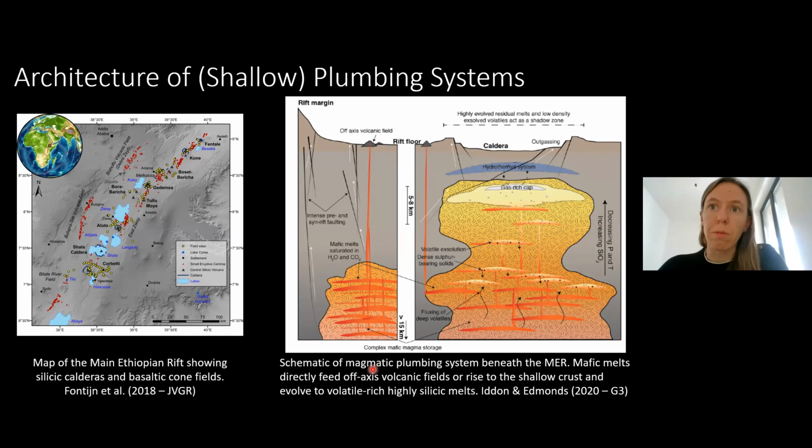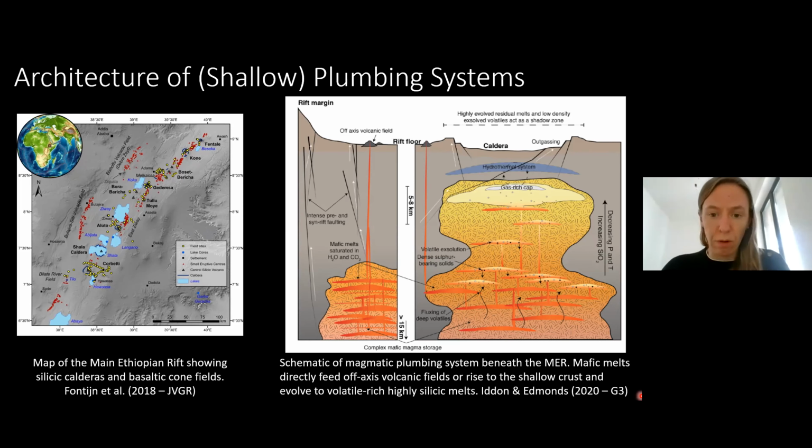We think that the mafic melts, obviously saturated in water and CO2, would directly feed the off-axis cone fields, for example the ones that we see here in Butajira or Bishoftu. But then along axis, they could rise to more shallow depths of 5 to 8 kilometers or so, where they fractionate extensively to form highly silicic rhyolites and basically develop reservoirs that are mush dominated.